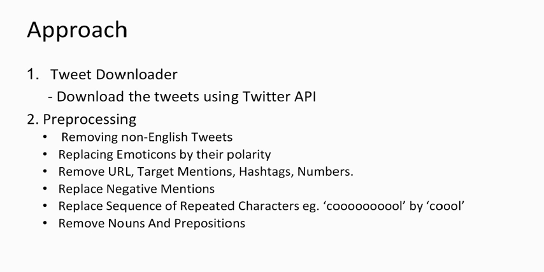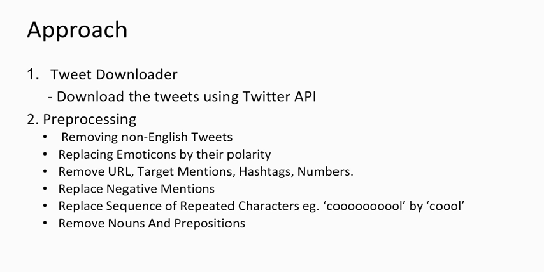So first one is removing non-English tweets. So some people may write in their own language, maybe Arabic, like that. So they'll write in their own language. So first of all, we have to remove non-English tweets. Then replacing emoticons by their polarity. Then remove URLs. Some people will post their links, hashtags, numbers, etc. So those kinds of things have to be removed.